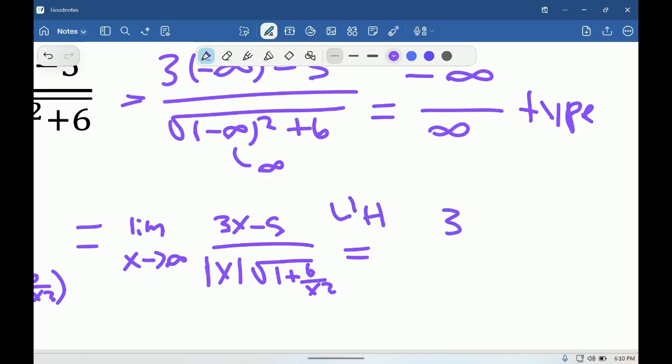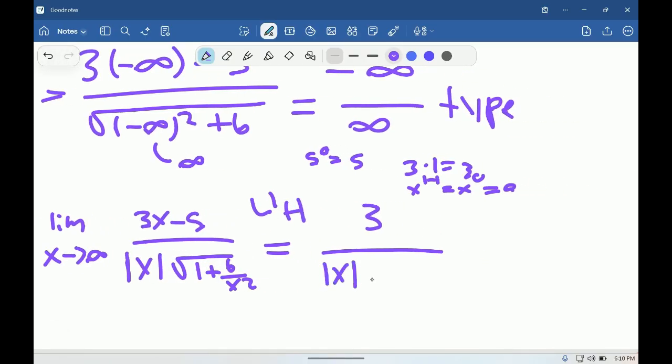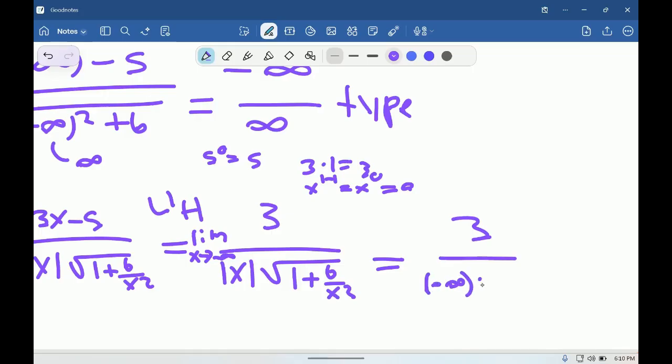So this is a 3, because 3 times 1 equals 3. x to the 1 minus 1 equals x to the 0, which equals 1, and then 5 times 1 equals 5. We're going to keep the denominator the same, and then apply our limit so that it looks like this.